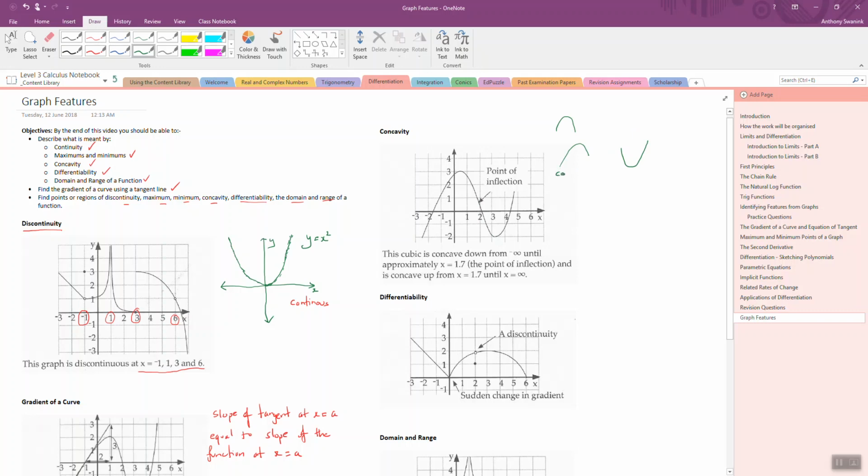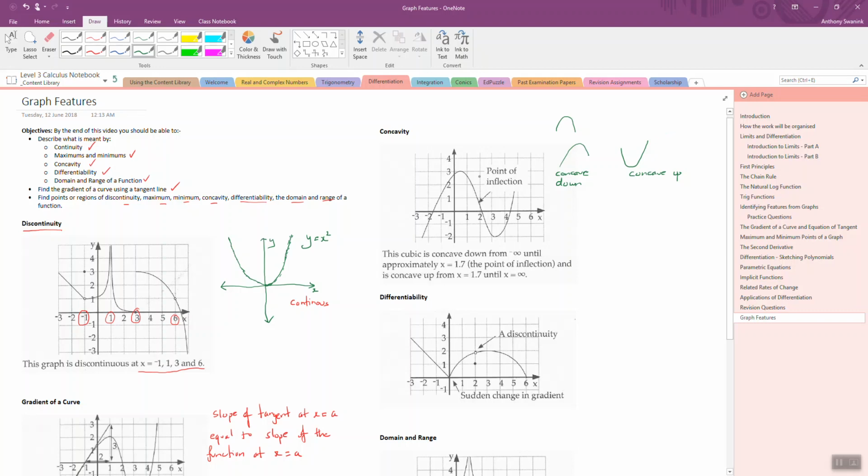So this is concave down, and this is concave up. If you're looking for concave down, it's like going into a cave, and concave up is the opposite of that.